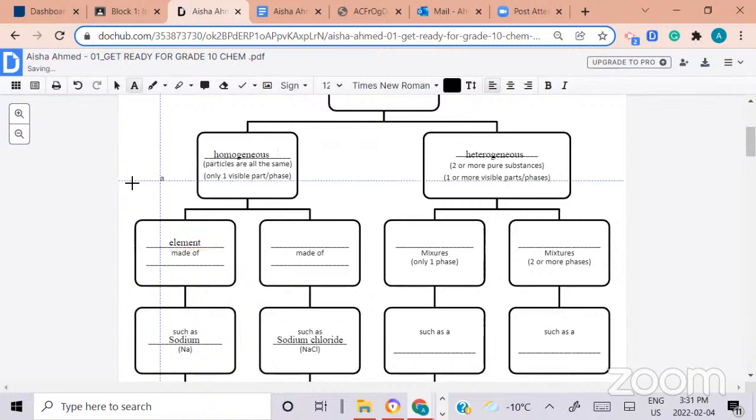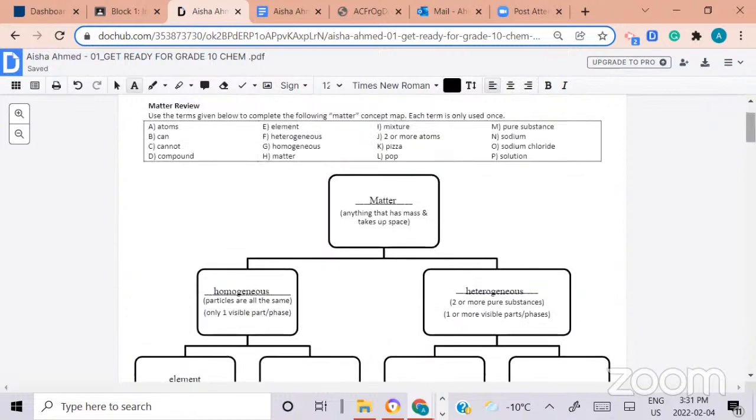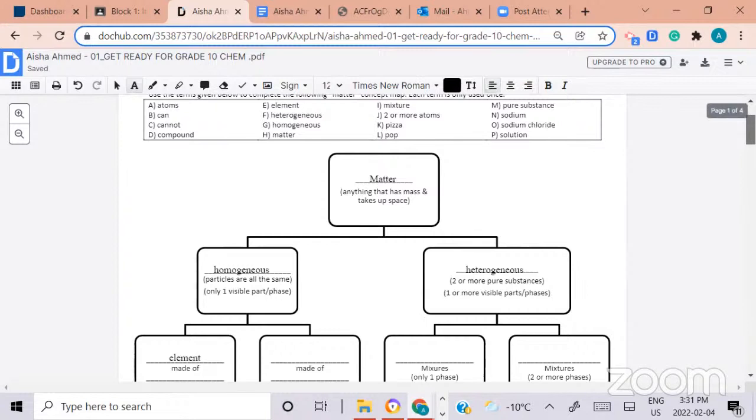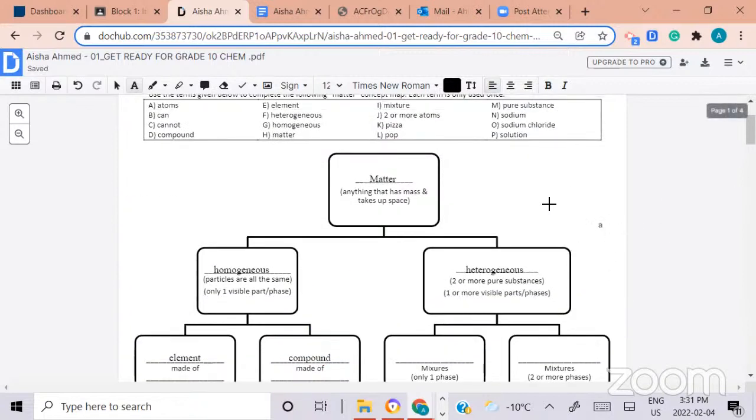And then on the other side you would write compound, I think, because you can have a compound, but it can still visibly look like one phase.